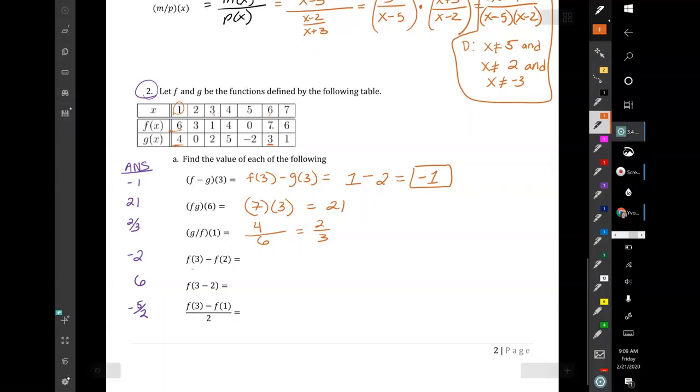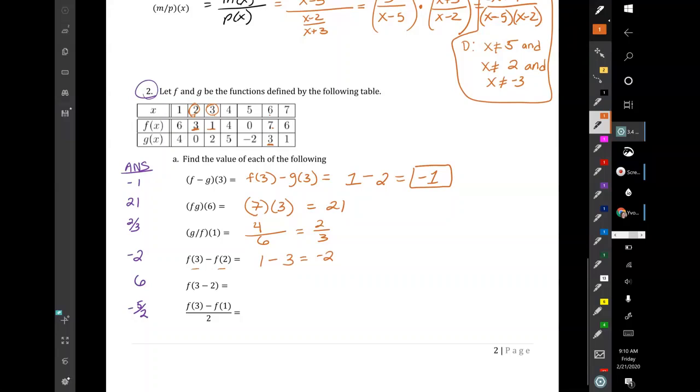That one's just split up for us already. So we're going to go look up here at f, the 3. And what's our output for that would be 1. Minus f of 2, we have to find our output, which is 3. So we're going to get -2.